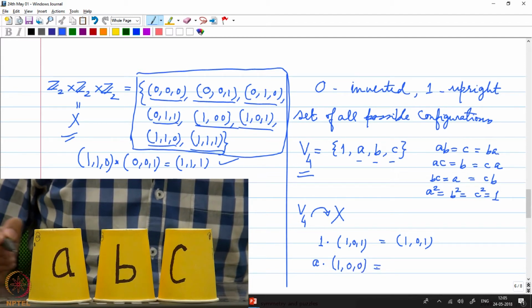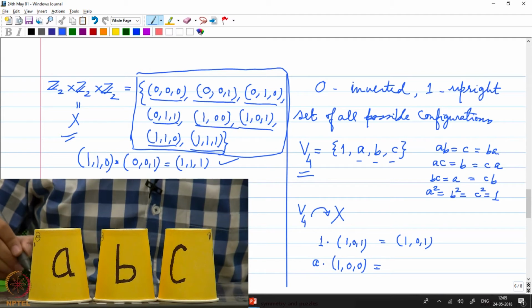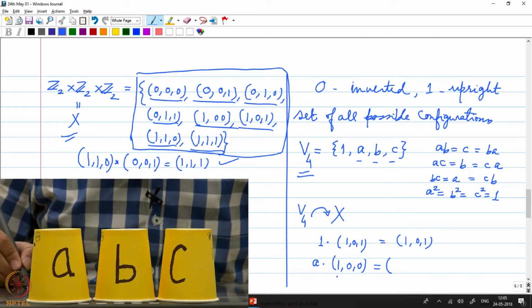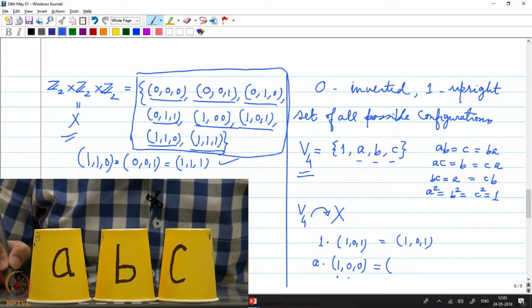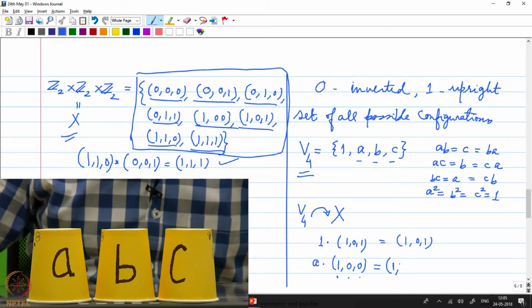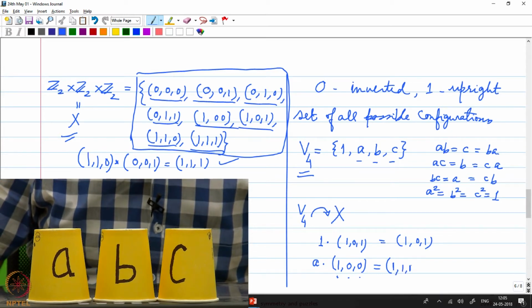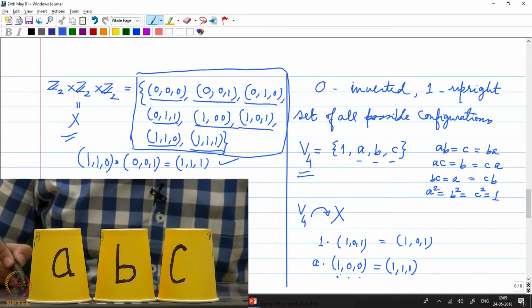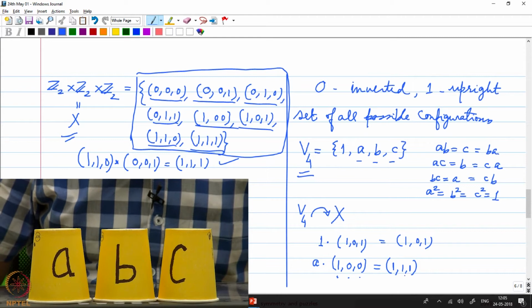That's what I am going to explain. So the effect of A on 100 is that, let's call the positions position A, position B, position C. Position A is unchanged while the two other positions are swapped. So 0 becomes 1, 1 becomes 0. So 1 0 0 becomes 1 1 1.